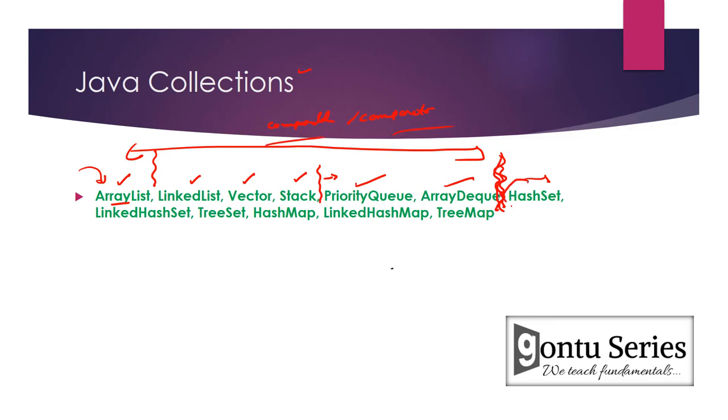To compare two objects till this point, it was using the Comparable interface or the Comparator interface. But HashSet doesn't use the Comparable interface, and it doesn't use the Comparator interface. What it uses is the equals method, and for the equals method to be able to work properly, you have to implement the hashCode method also. So HashSet compares two objects' equality based on the equals method and hashCode method, but ArrayList, LinkedList, Vector, Stack, PriorityQueue and ArrayDeque compare two objects by using either the Comparable interface, using the compareTo method that you would implement in that user defined type, or using the Comparator.